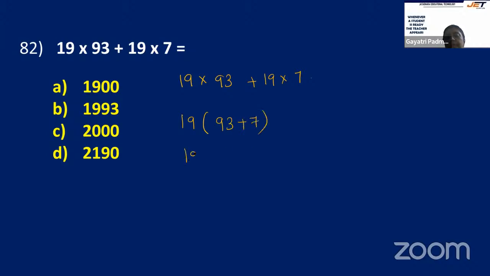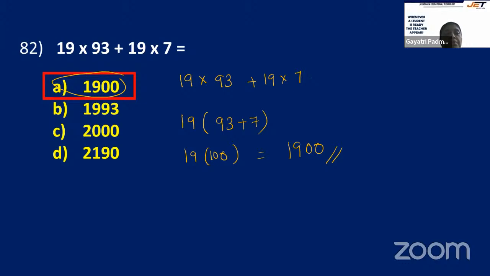So 19 into, what is 93 plus 7? It is 100. So 19 into 100 is 1900. So your option should be A. If you had opted for option A, then your answer is perfect.